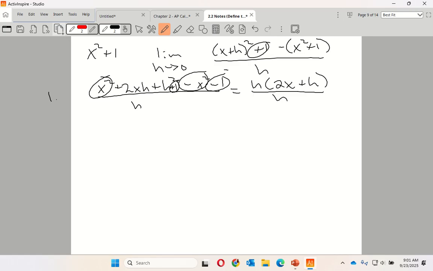And that is the limit as h approaches 0. We get f prime of this side is 2x.